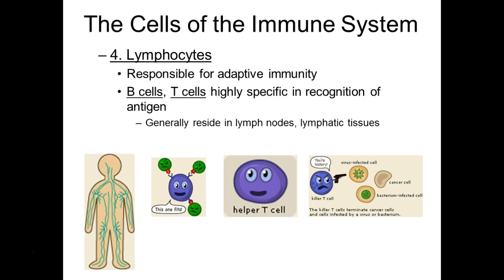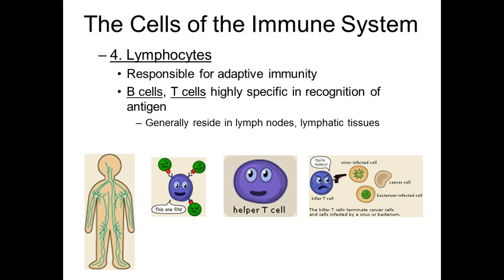That specific strain of that specific bacteria. And they generally reside in the lymph nodes, hence their name, lymphocytes, in our lymphatic tissues, and travel through our lymphatic vessels. Not really a superhighway. Instead, the drainage system is our lymphatic system.